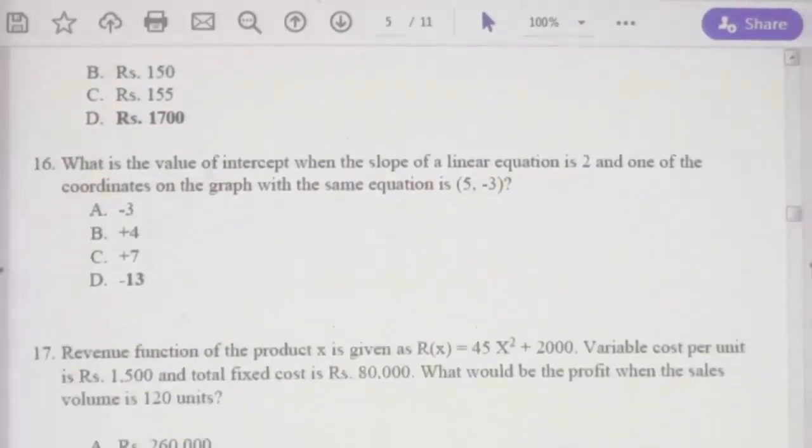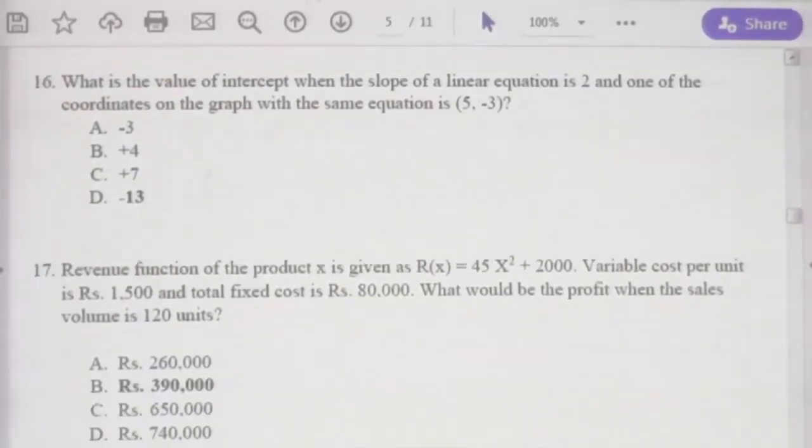Now, let's take question 16. What is the value of the intercept when the slope of a linear equation is 2 and one of the coordinates of the graph of the same equation is (5, -3)?